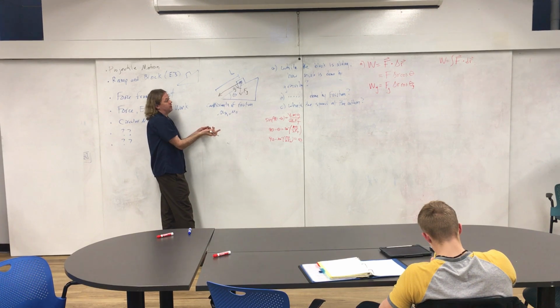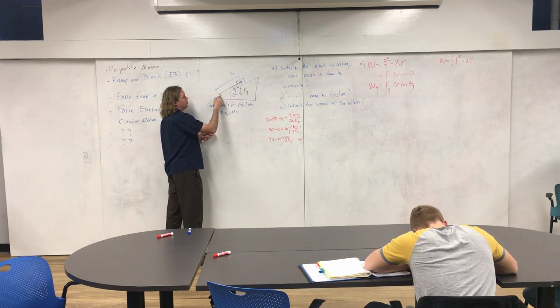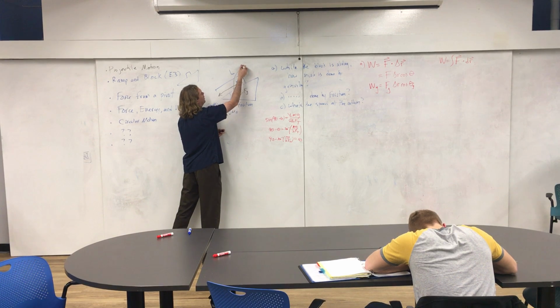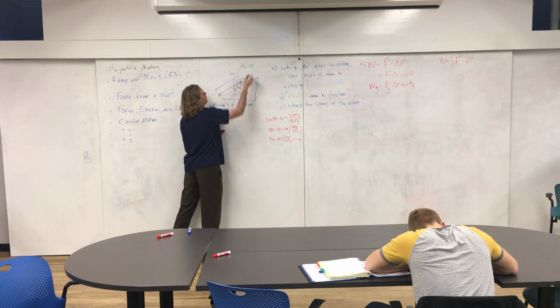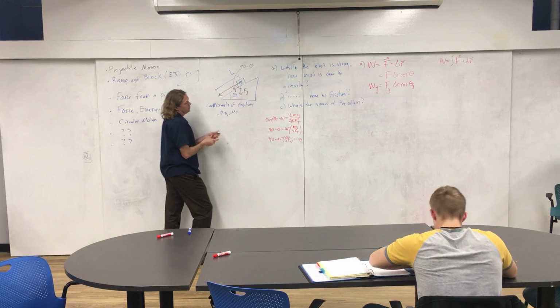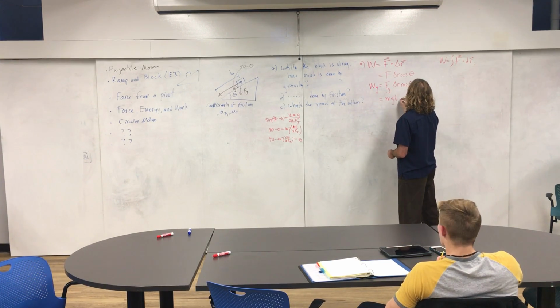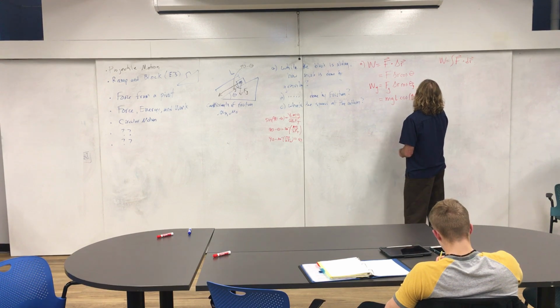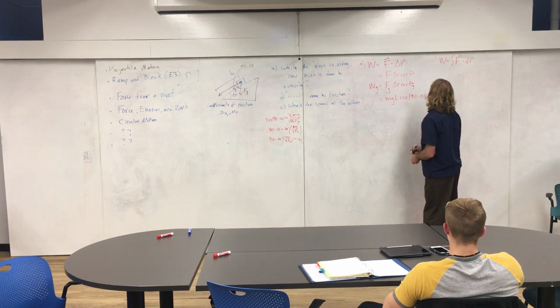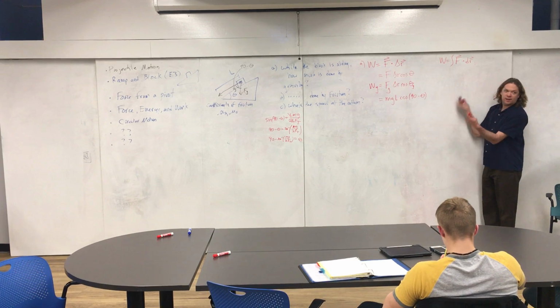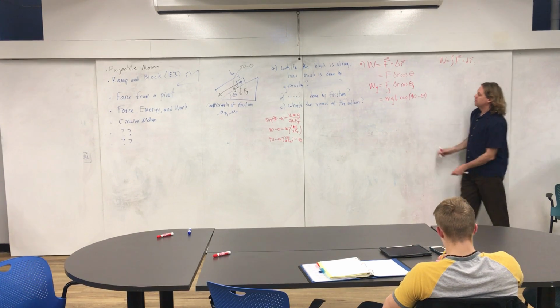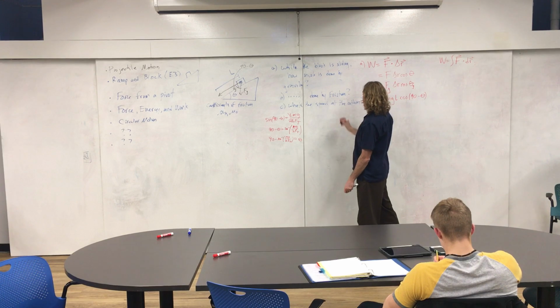It's pretty easy to figure out what angle that is. This thing makes a triangle, so theta g is 90 minus theta. So the work due to gravity is mg times L times cosine of 90 minus theta. So that's it for the work due to gravity. Second part, work done by friction, okay?